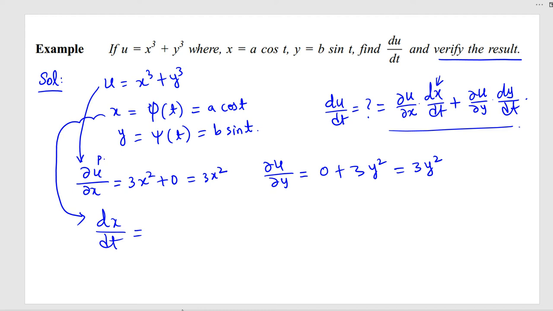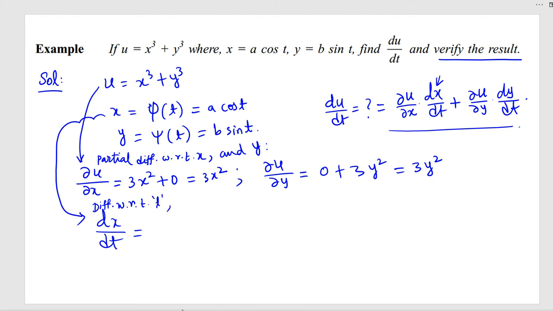You need to write partial differentiation with respect to x and y. So differentiate with respect to t. We get this one.